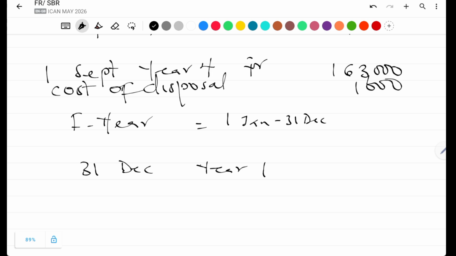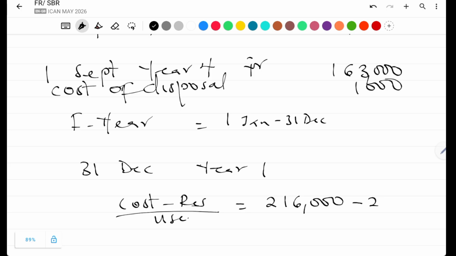Determination of depreciation: cost minus residual value over useful life. The cost of this asset is 216,000. The residual value is 24,000, and the number of years is 8 years.